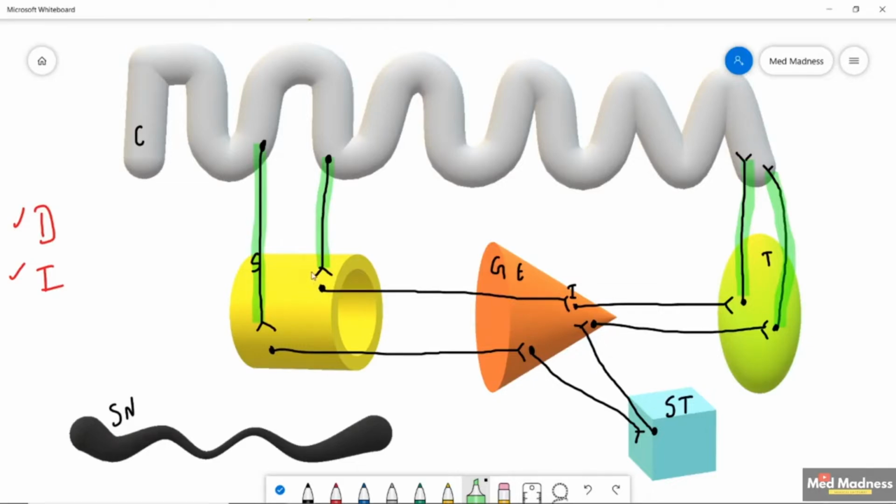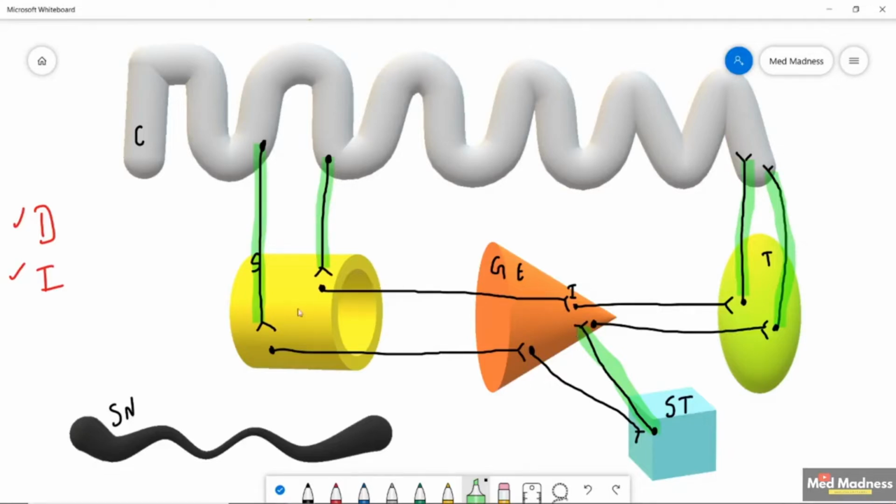Clear? Okay, one more important point. The neurons that come out from the subthalamic nucleus are also stimulatory, releasing glutamate in the globus pallidus internus.